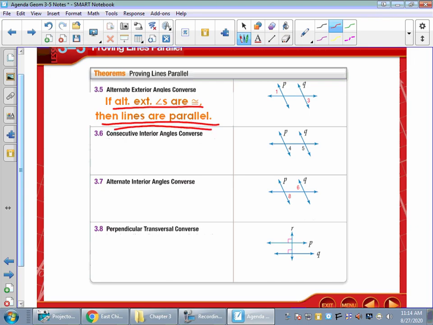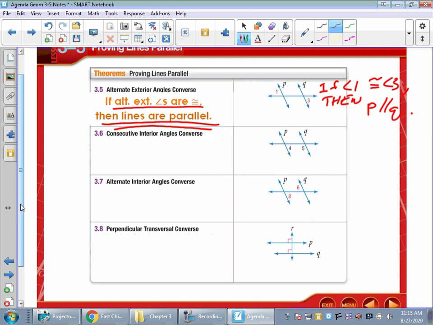Now we're doing the backwards way, saying if the exterior angles are congruent, then we know the lines are parallel. So in this case, we could say if angle 1 is congruent to angle 3, then P is parallel to Q, okay?